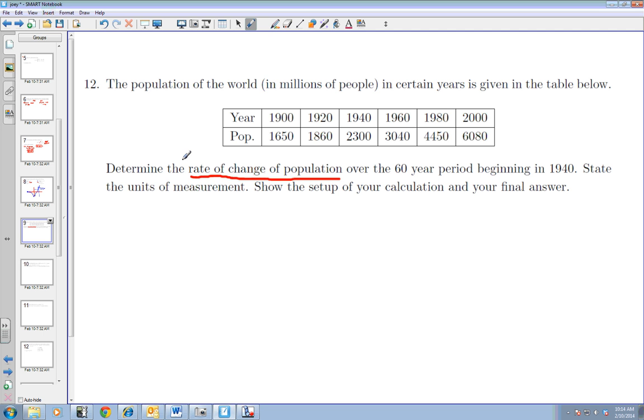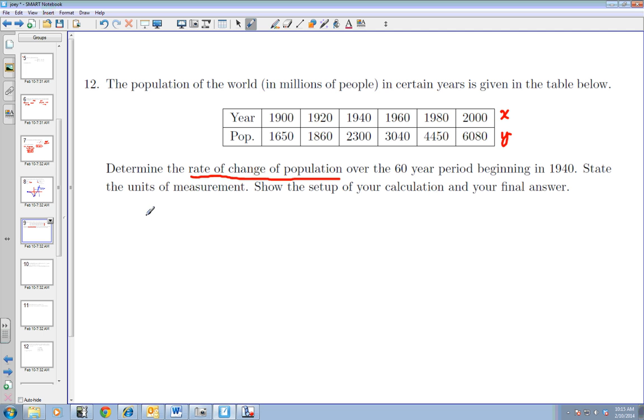So anytime they're talking about the rate of change of something, they're talking about the derivative or the slope. So we're actually wanting to find the slope starting at 1940 to 2000. The way you can think of that, this would be my x values, here are my y values.